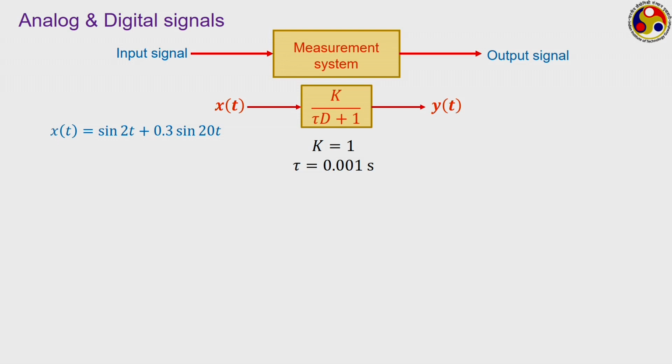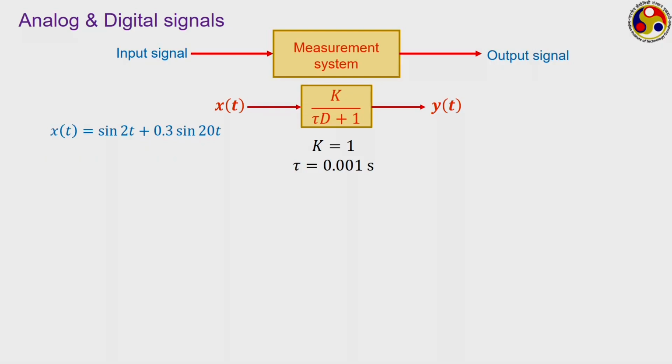Now, we are supplying a periodic input to this, and that corresponding periodic signal can be viewed to be a combination of two harmonics, first one having omega equal to 2, second one having omega equal to 20, and also the corresponding amplitudes, first one having an amplitude of 1 and second one of 0.3. I hope you remember we solved an example problem there mostly to show the effect of tau on the form of the periodic outputs.